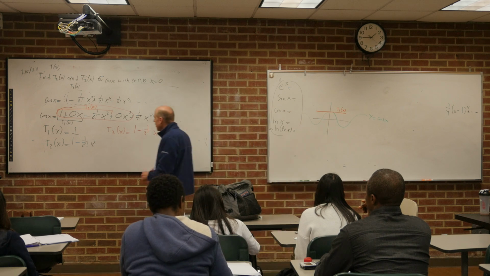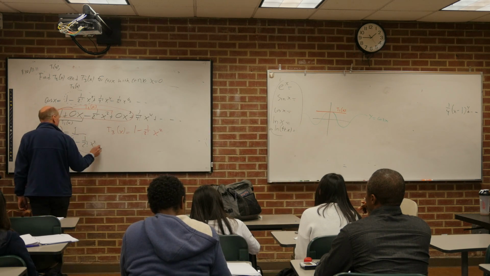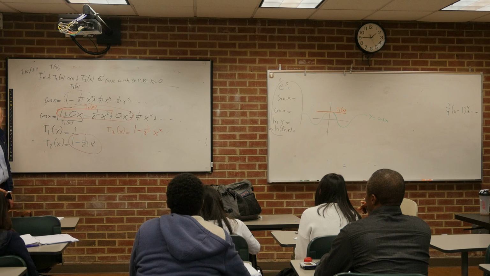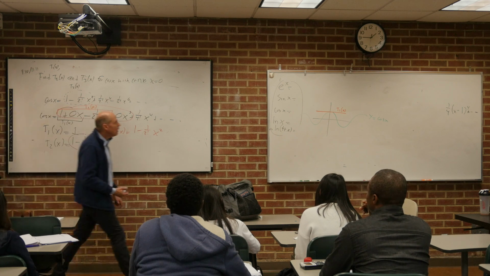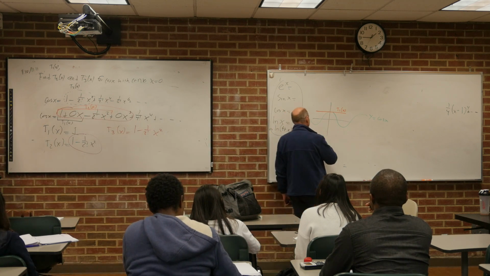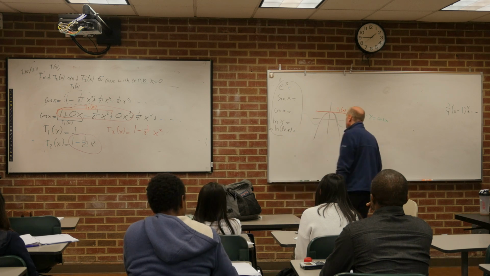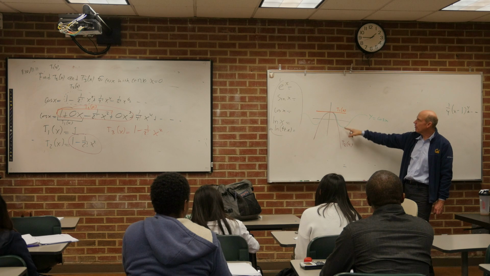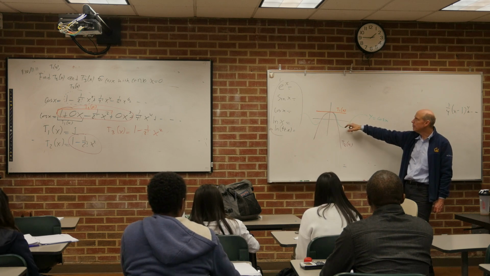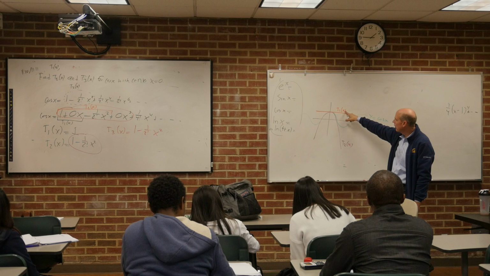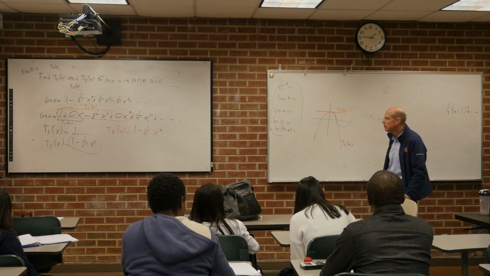What shape is T2? So if there's an x squared, what shape does the graph have? It's a parabola. Is it happy or sad? It's sad. So the T2 graph is going to look more like this. And you see how T2 is a pretty good fit for cosine around there? So T1 is terrible for cosine, T2 is a good fit.